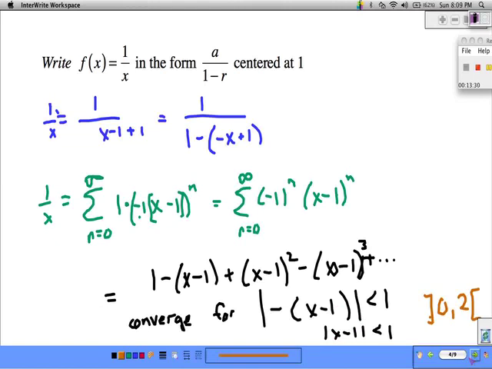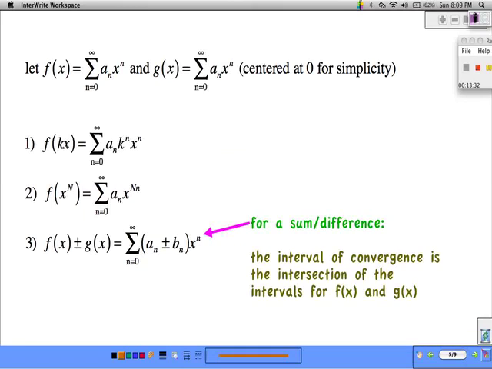And we can get pretty funky with these things by using some real simple rules. If we have 2 power series, we can perform some operations on them. I can write a power series for a function of a scalar multiple of x.